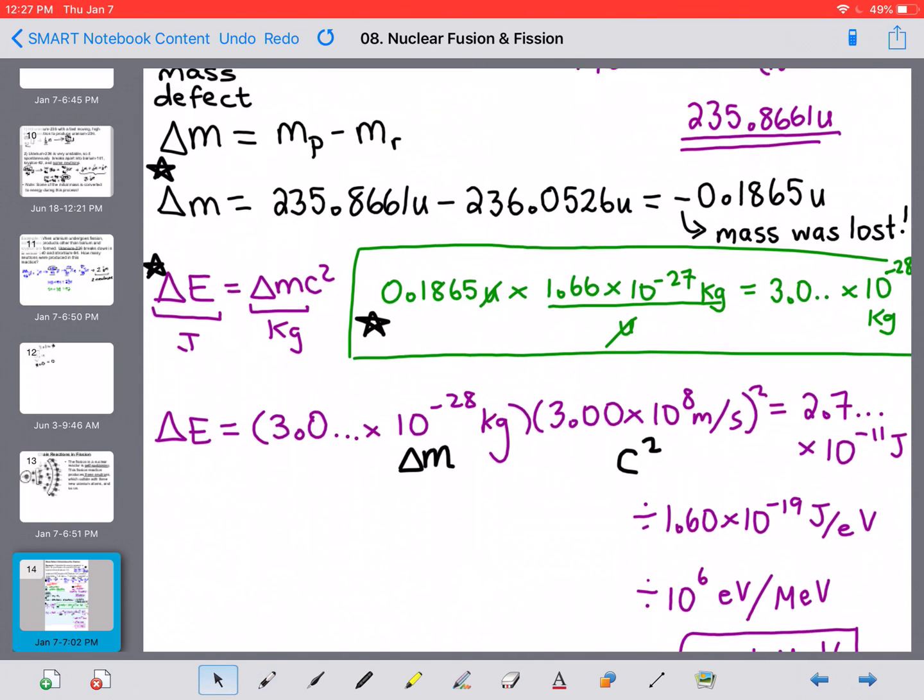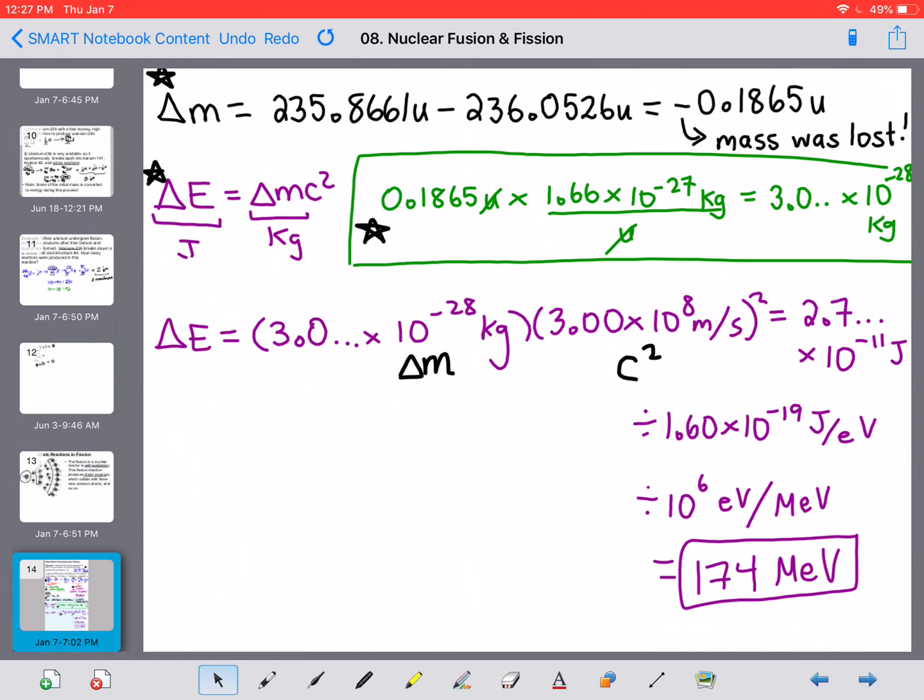And then to finish up the question, because the question asked us to do units of mega electron volts, right here I'm converting from joules to electron volts by dividing by 1.6 times 10 to the negative 19, because there's that many joules in every electron volt. Then I divided again to go from electron volts to mega electron volts, and so my final answer after doing both of those divisions was 174 mega electron volts.